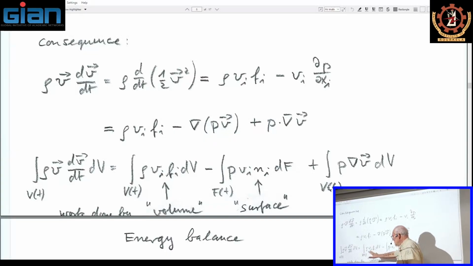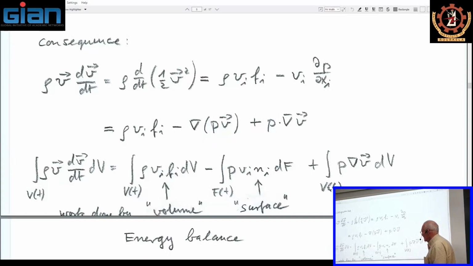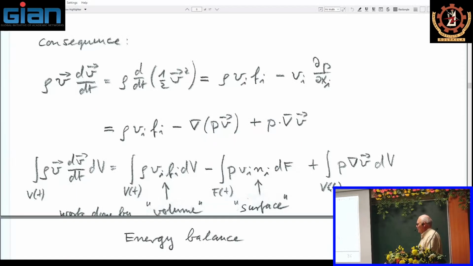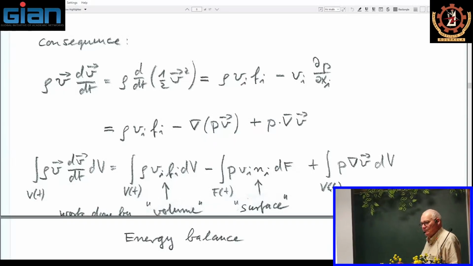So this is the change of the kinetic energy derived from the equations of motion. This was a preparatory step for considering the energy balance.